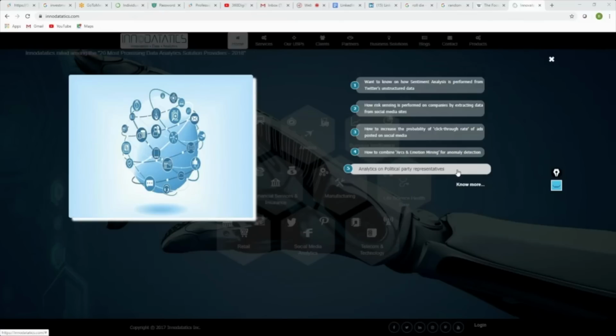Political party representatives: are people writing negatively about the political representative in their location, or are they writing positively about that person? What issues do people in that community have? They obviously would not post such things on LinkedIn, right? They would resort to Facebook to express their dissatisfaction.